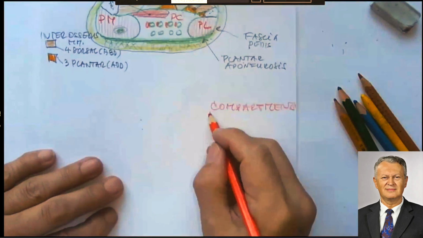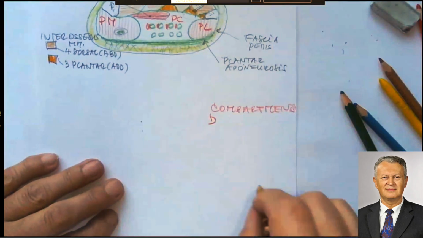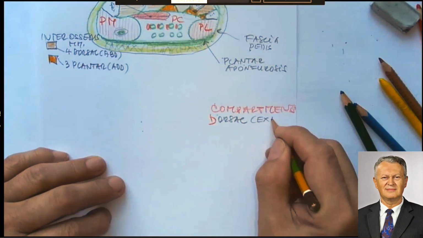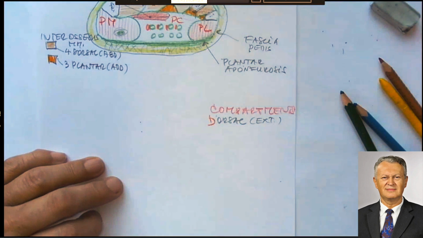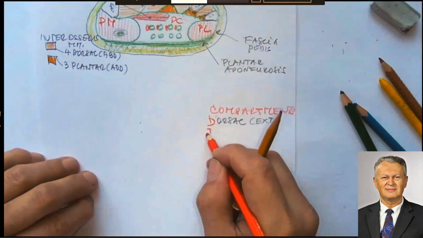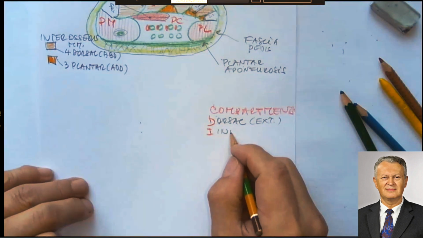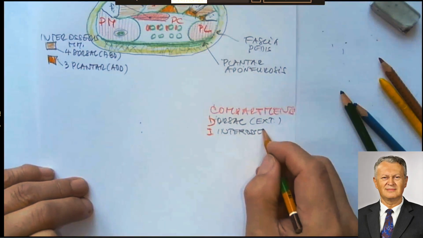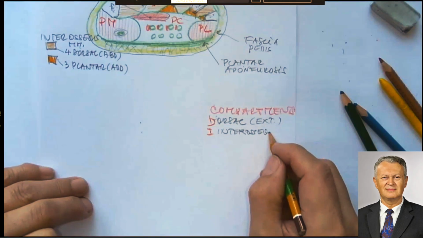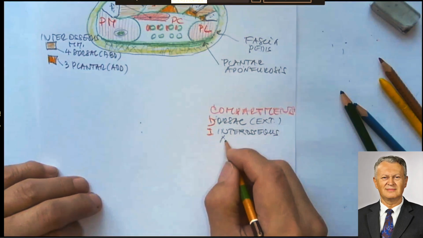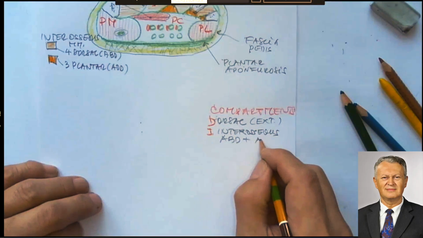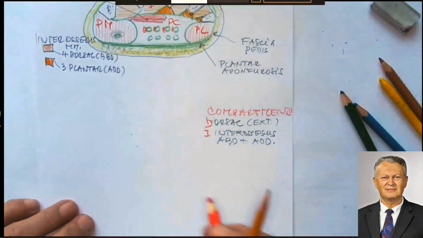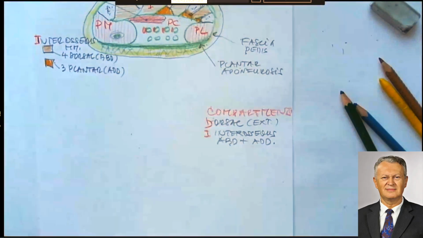So compartments. D is dorsal compartment. They are extensors. Good. Then follows the interosseous compartment. They are abductors plus adductors. This is quite clear.